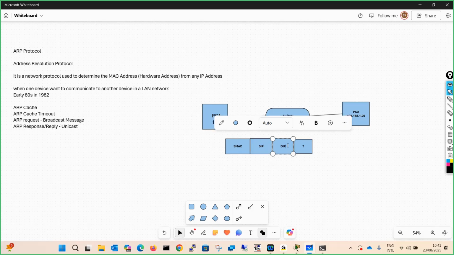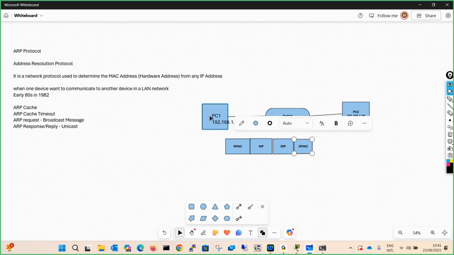The destination IP will be the IP of PC1, and the destination MAC is also known from where the request has come. It has to send over there, to PC1, and it will be a unicast message. A one-to-one message will be sent from PC2 to PC1, and in this way PC1 will come to know the MAC address of PC2.